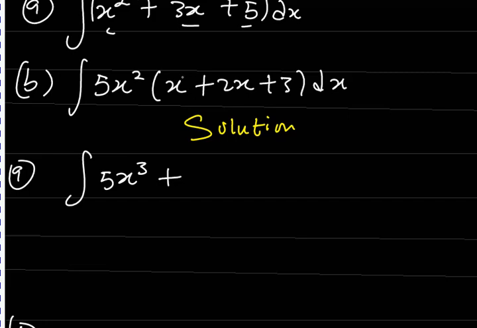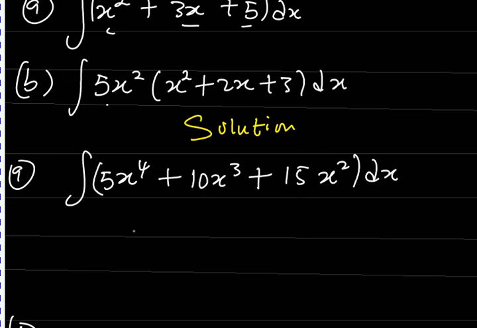Please pardon me, this is square. So this is 5x raised to the power 4, 5x cubed. Then 5x again. This 5 times 2 is 10x cubed. 5 times 3 is 15x squared, all with respect to x.